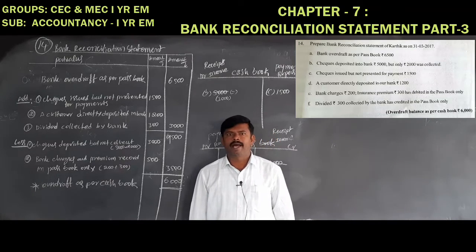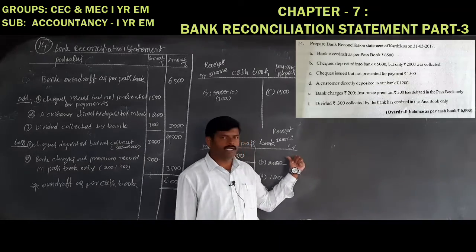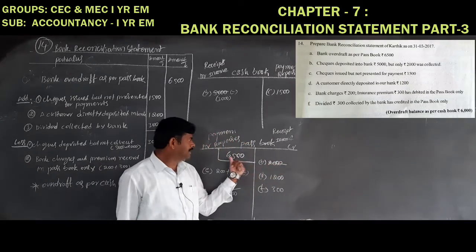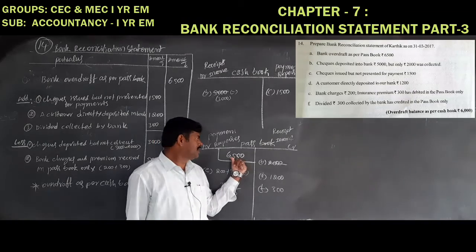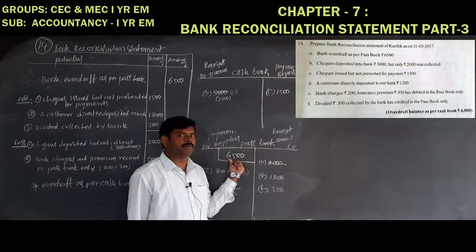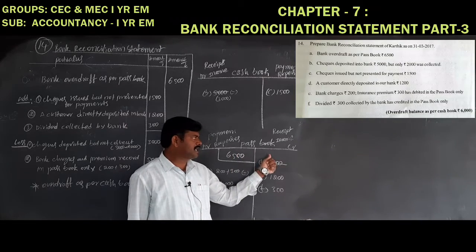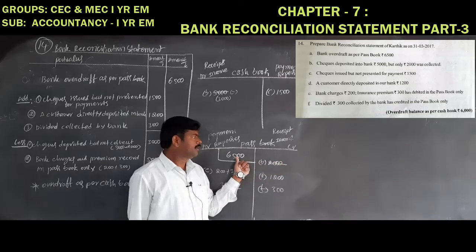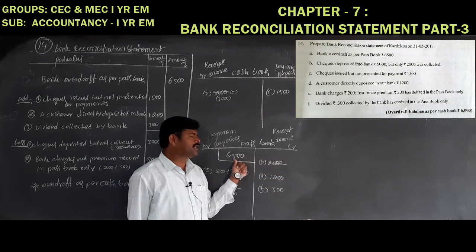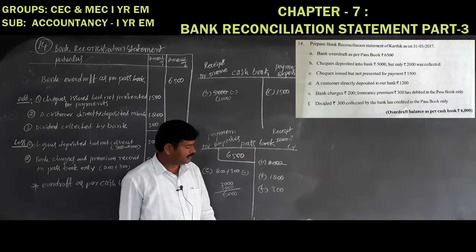A bank favorable balance is shown on the credit side, and an unfavorable balance or overdraft is shown on the debit side. Remember one thing: a favorable balance as the starting point is shown on the credit side. An overdraft balance as the starting point is shown on the debit side in the passbook. Remember this.